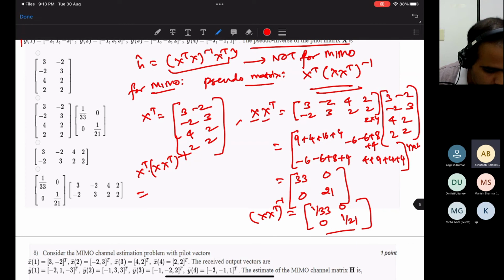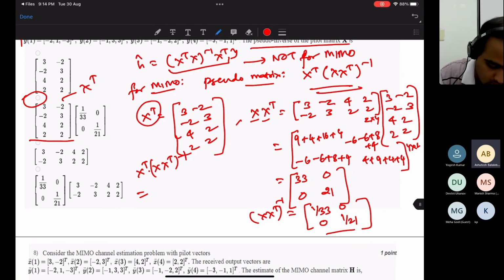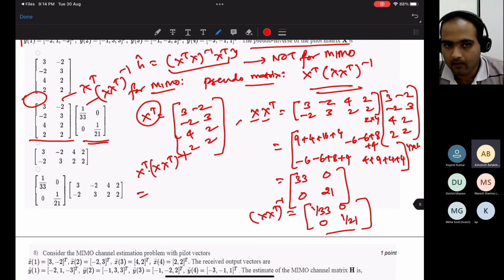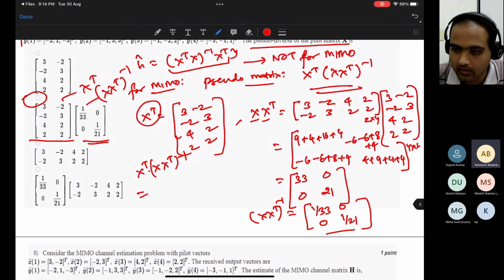Here this is my X transpose, and this is my X X transpose inverse. So option B is our answer. Any doubts?